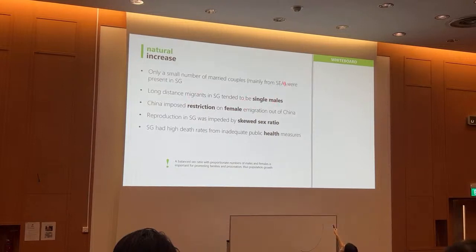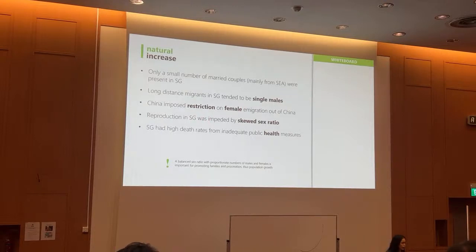When you have a place with a skewed sex ratio, whereby you have many more males than females, it will be harder to produce babies. You cannot expect the males to reproduce themselves. You cannot expect many males to share one wife. So with fewer females around, you would have problems in having a lot of births.